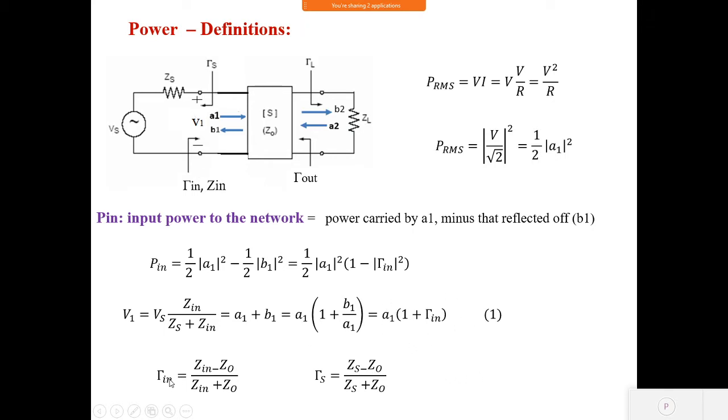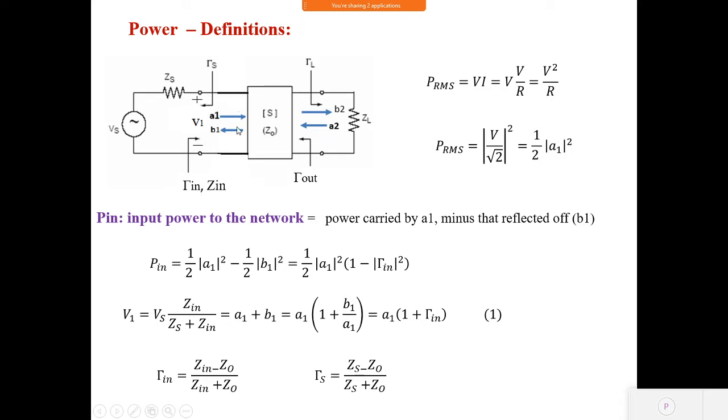Now Γin is the reflection coefficient at the input of this network. Assuming there is an input impedance Zin between these two terminals, this entire network, whatever is between these two terminals, can be replaced by an impedance equal to Zin, looking in this direction.